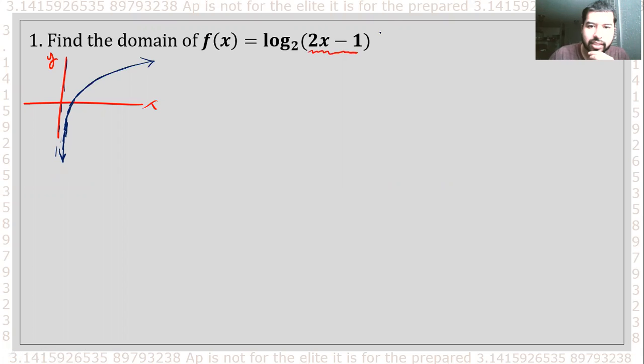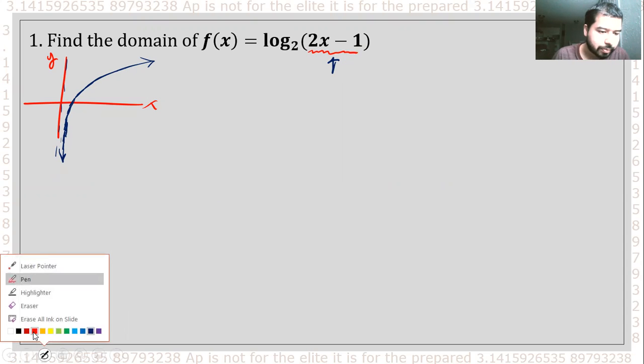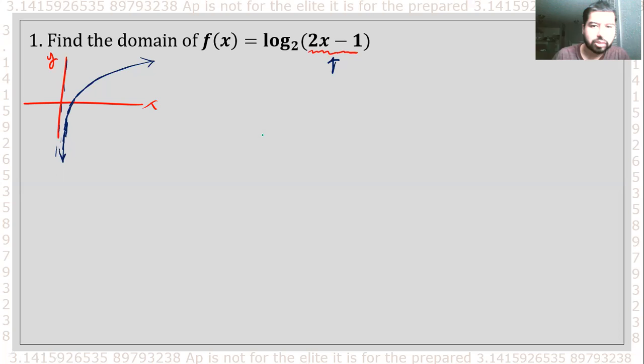But in this case, the function has gone through some transformations. We can probably identify them, but there's also an algebraic method that I showed you in class. We have 2x minus 1, and it must be greater than 0, because the values are to the right.